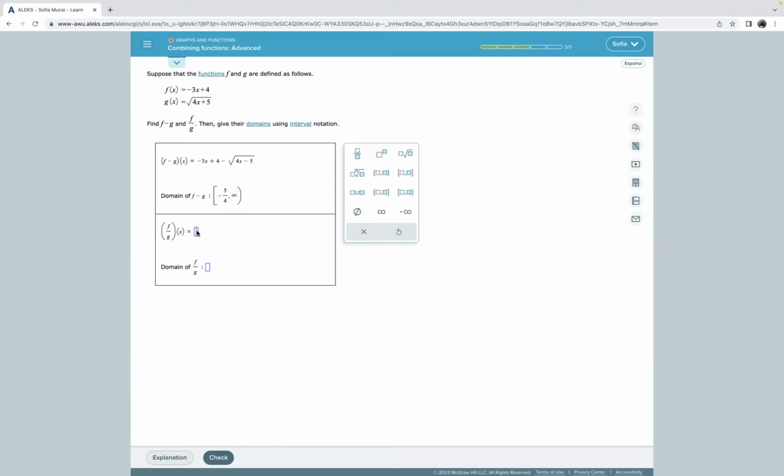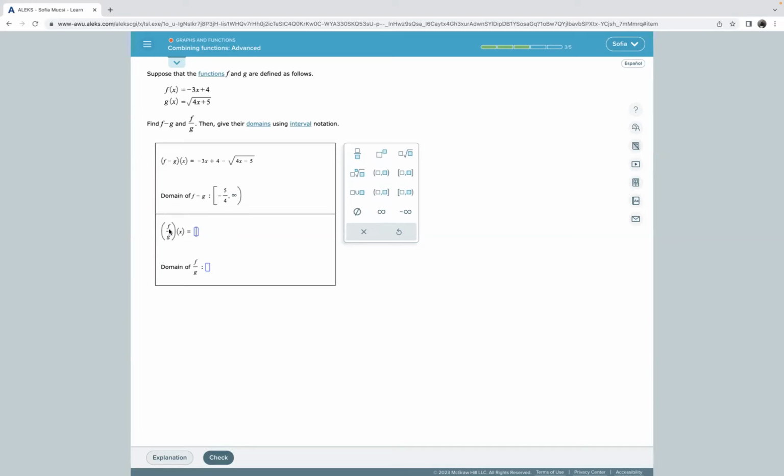And then this one is division. So you're literally just putting whatever's in f on top and whatever's in g on the bottom. And the domain's got a little modification from what you have in the previous one.